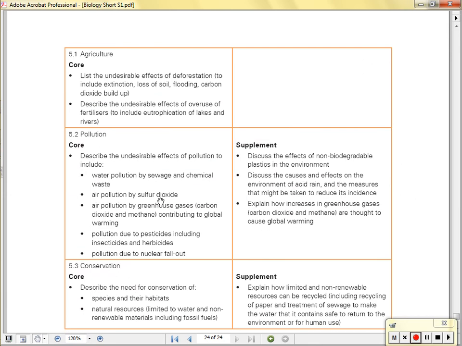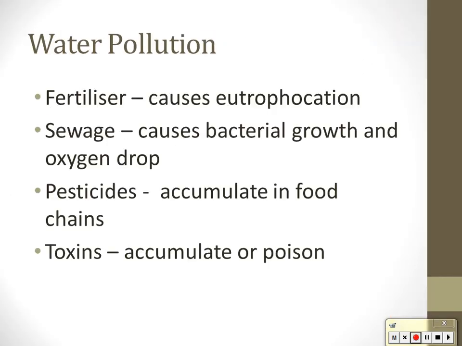Water pollution by sewage and chemical waste, that's the next one. Sewage and chemical waste link with the fertilizer and eutrophication from the earlier topic. Eutrophication is when nitrogen and phosphorus compounds end up in rivers and lakes, which causes the algae to bloom, die, and then it causes a burst in bacterial growth.